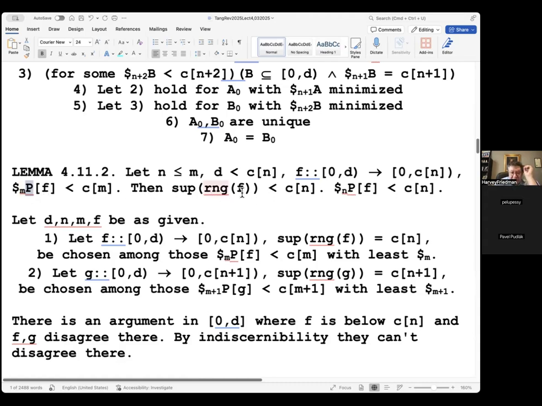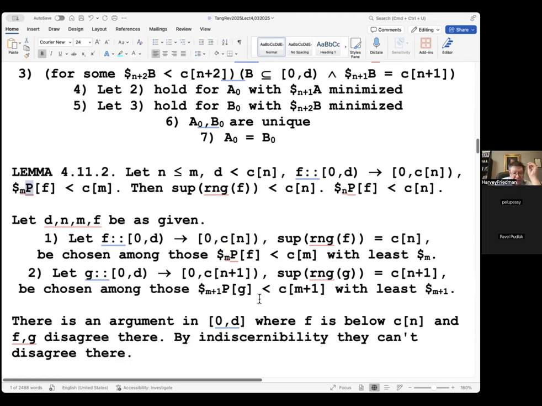Then it's bounded below Cn, and the actual thing is less than Cn. All right, and this is done by another tricky kind of thing where you do something and then you raise the index and compare them.